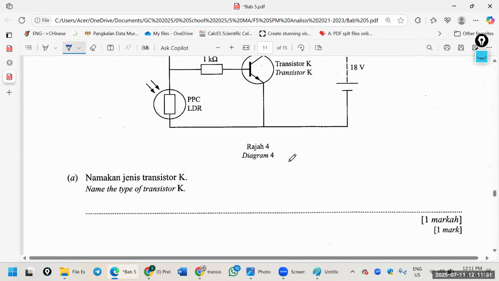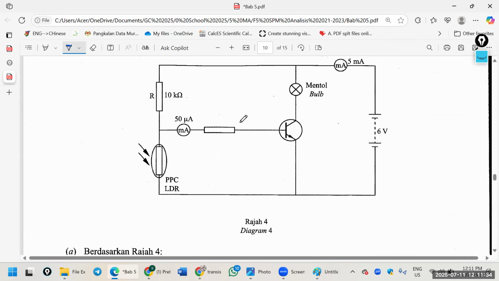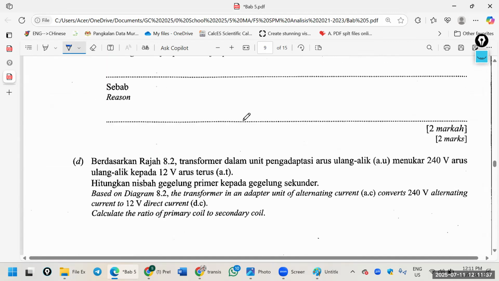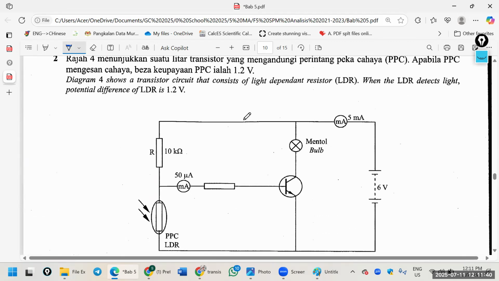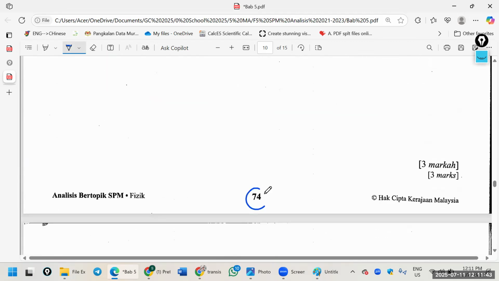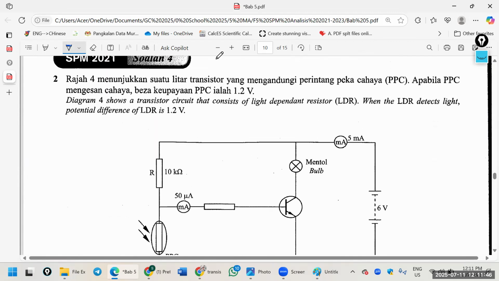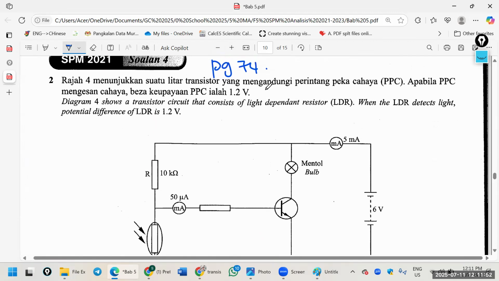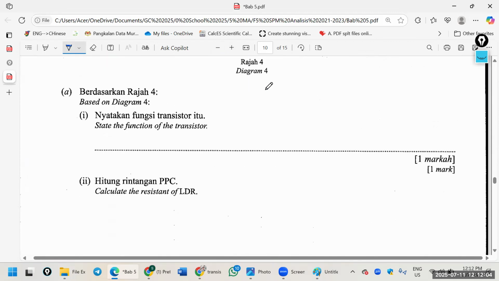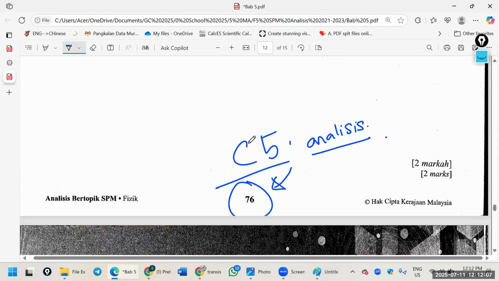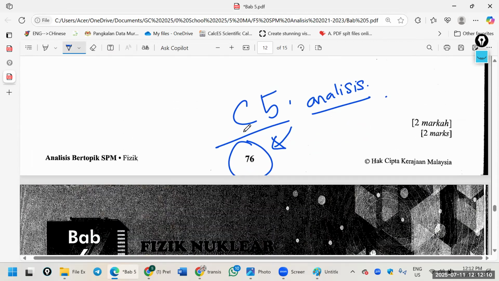Okay, now let's see page 74, right? Page 74. I read and do now. 76, and you finish 76.